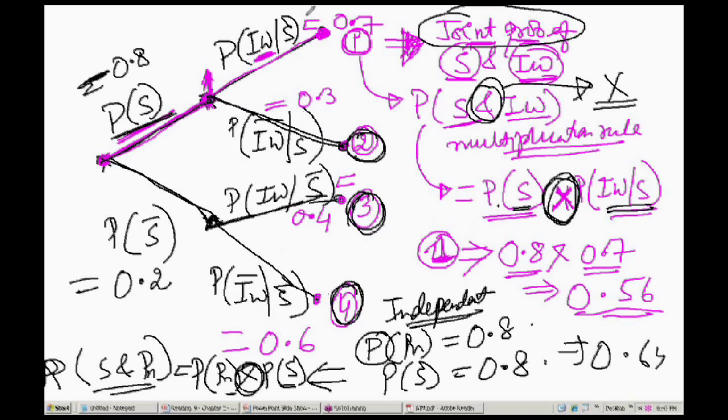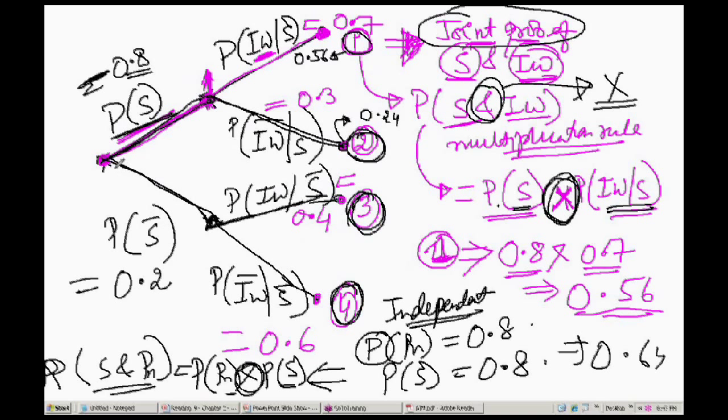We can find the probability of all of these nodes the same way. The probability of node 1 is just the multiplication of 0.8 into 0.7, which is 0.56. The probability of node 2 will be 0.8 into 0.3, which is 0.24.